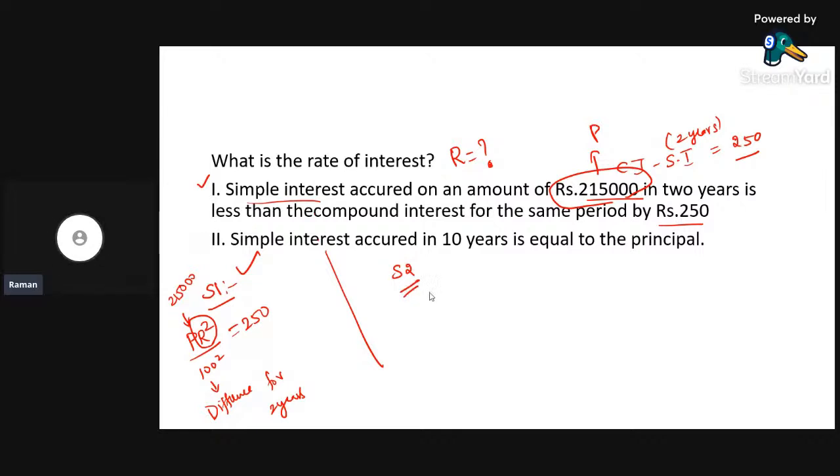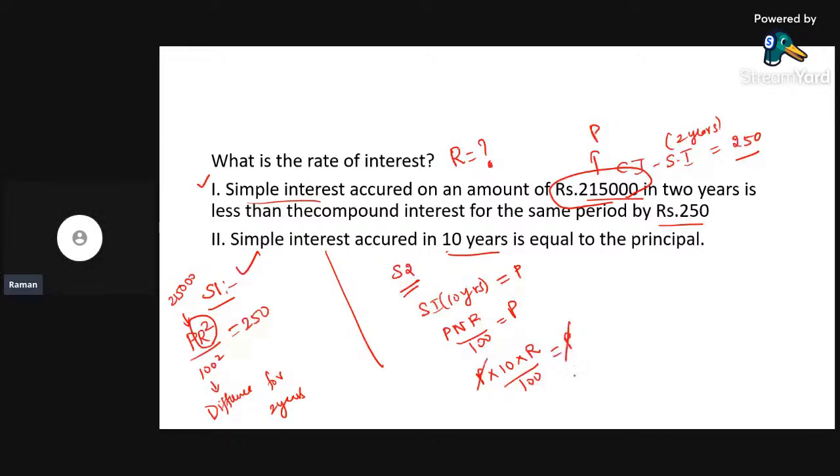The second statement says principal. So they say the values of P and R are divided.